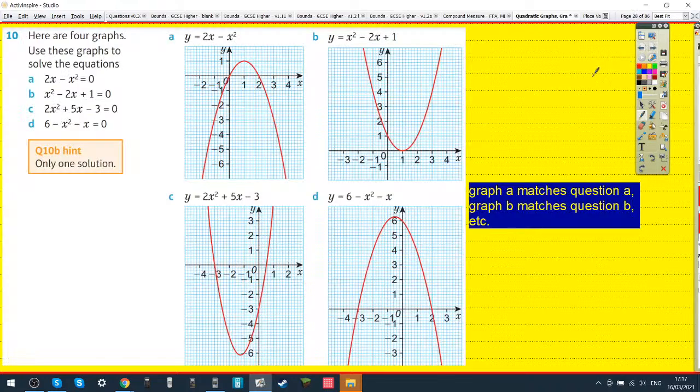And so, yeah, do that for each of these. So question A matches with graph A, question B matches with graph B, and so on. So when y is 0, wait.